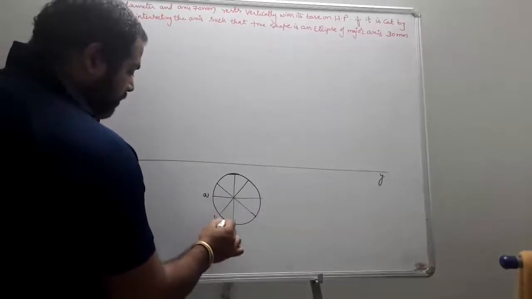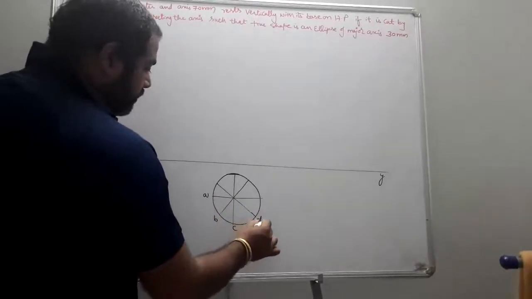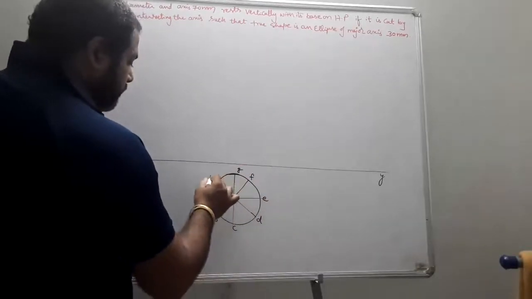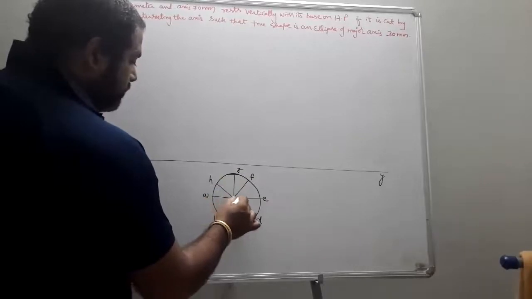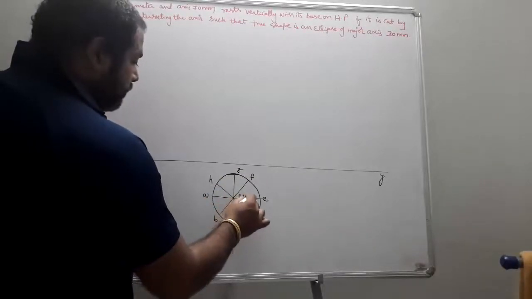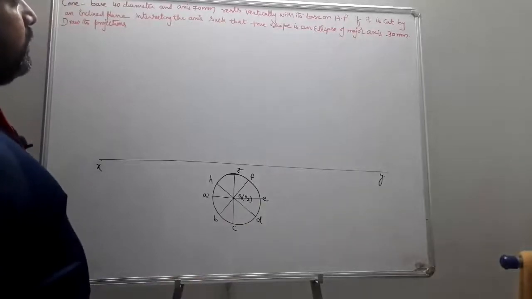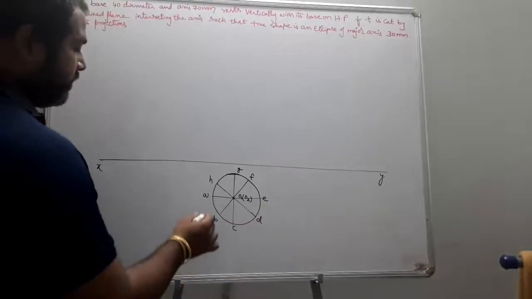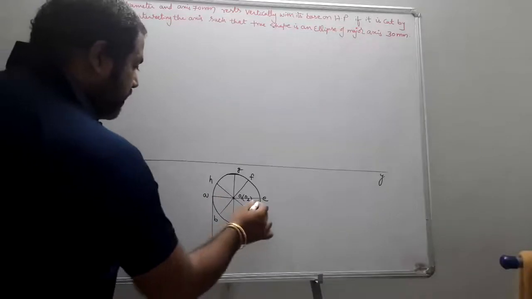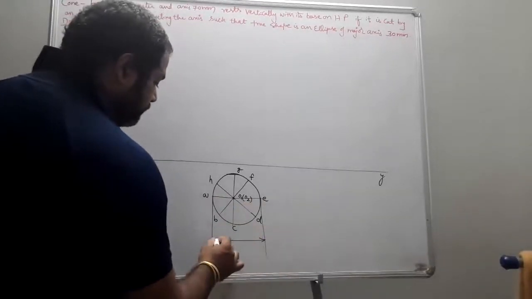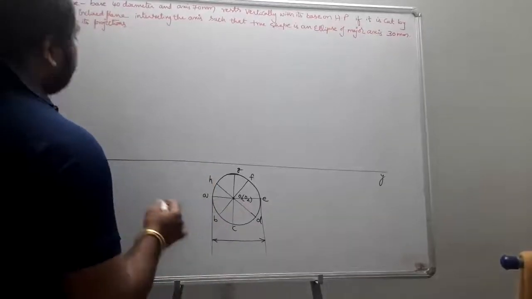A, B, C, D, E, F, G, H. So this becomes O1, O2. So the given height is 70, right? And the base diameter is given as 40.